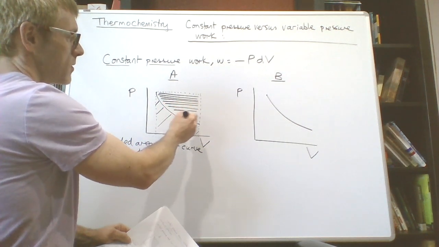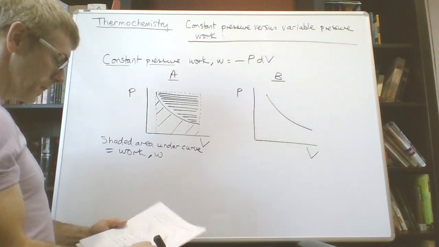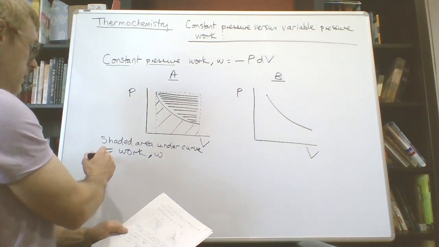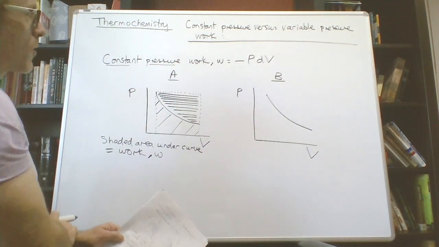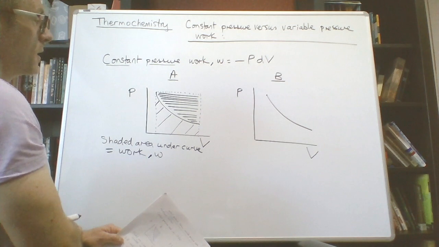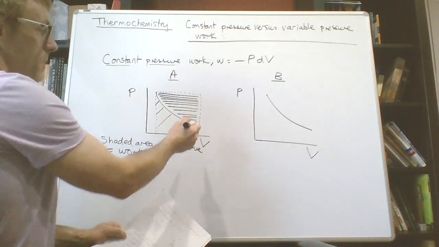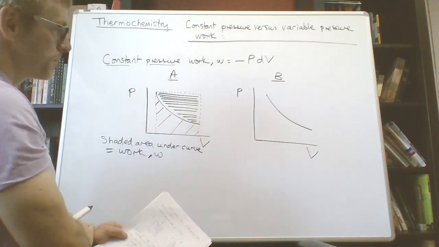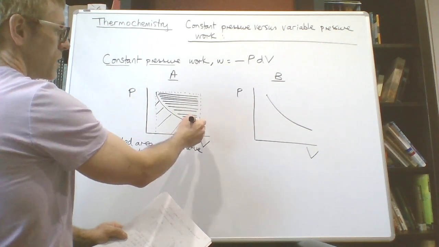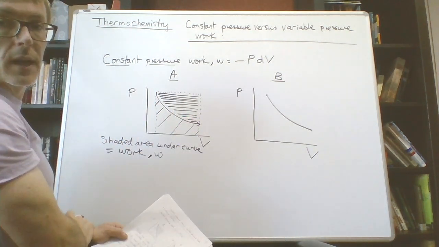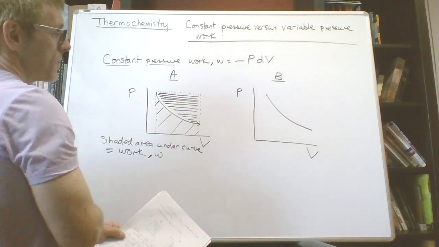So all of this material clearly is an extra area. So if we look at the graph I've labeled A here, let's say we've gone this way. Let's say I'm reading it left to right. So I'll put an arrow here, I'm reading it left to right. So this is my initial pressure, that's my final pressure.